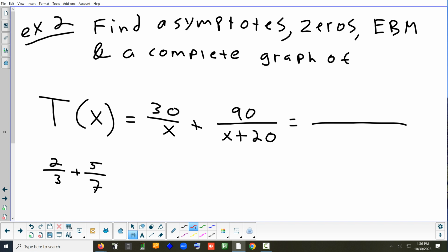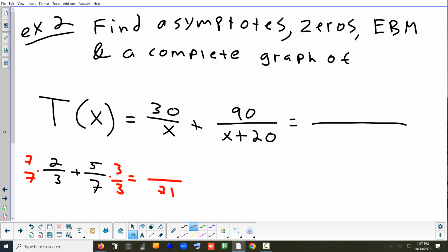If you just multiply these together, the common denominator is 21. Well, how do you make this one a 21? You multiply the top and the bottom of this fraction by the other denominator. Same thing here. How do you make 7 21? You times the top and the bottom by the other denominator.